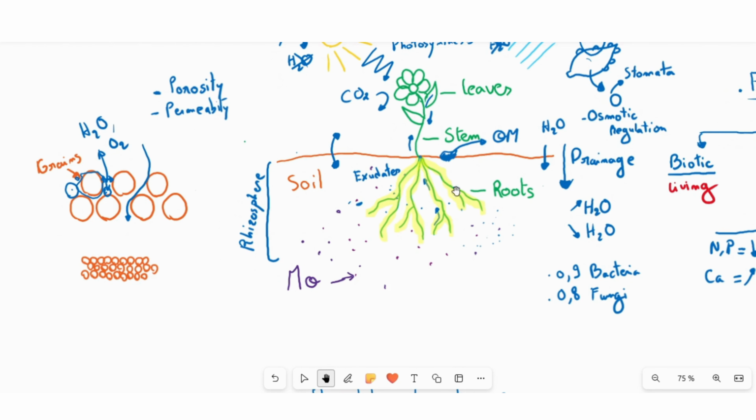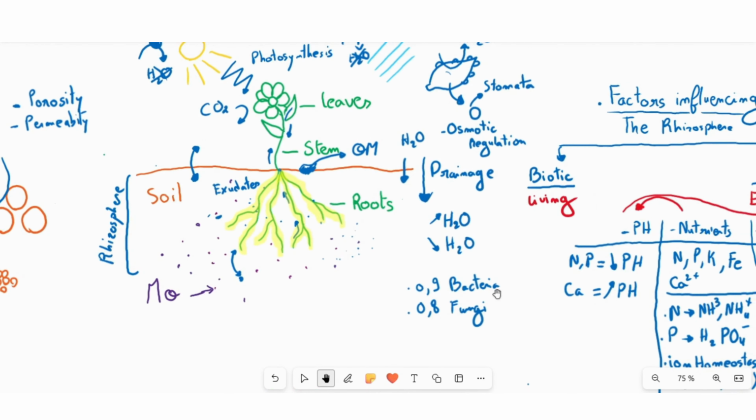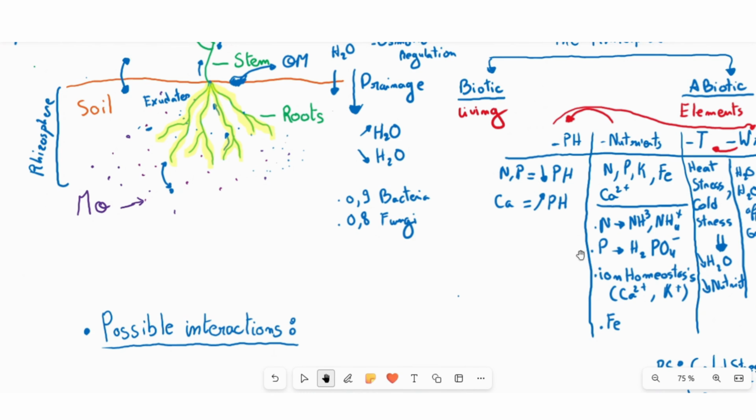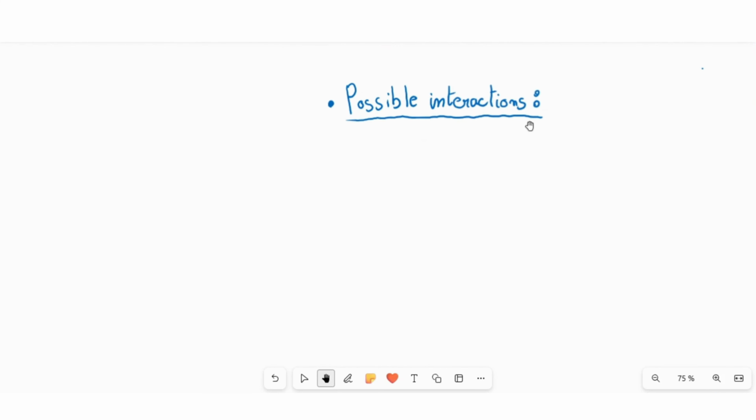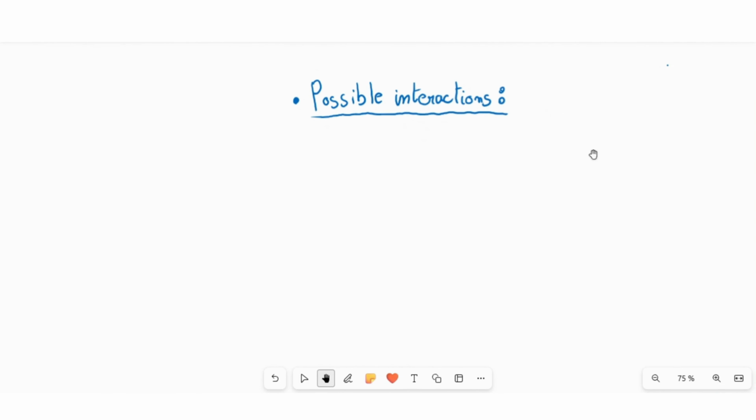And in all of this, you can see the close relationship between bacteria and the root system, right? This bacteria fixes nitrogen, solubilizes phosphorus, hydrolyzes iron. So you can see how this is an interaction that's happening. So let's look at all the possible interactions that can happen.